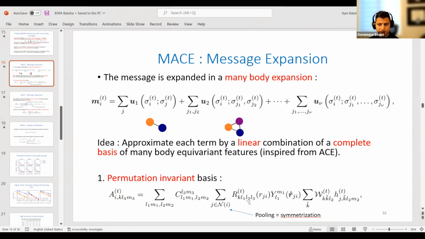It's a Bessel basis. You expand that in the Bessel basis, and you have a number of bases. This is very standard. It goes back to DimeNet and Equip. You have 8 or 10 Bessels, and then you take a linear combination of that with learnable weights. Okay, perfect.